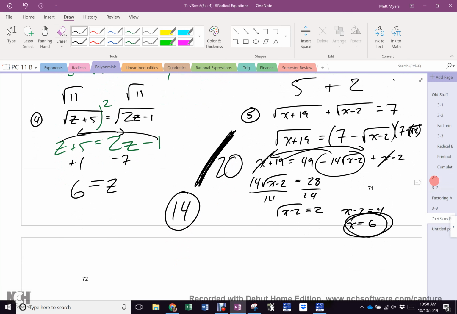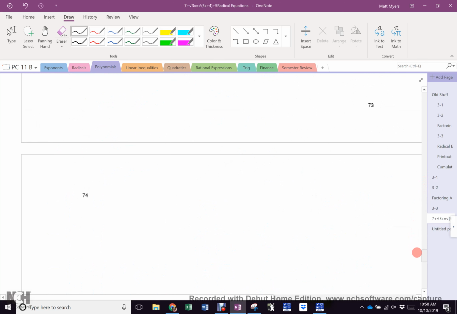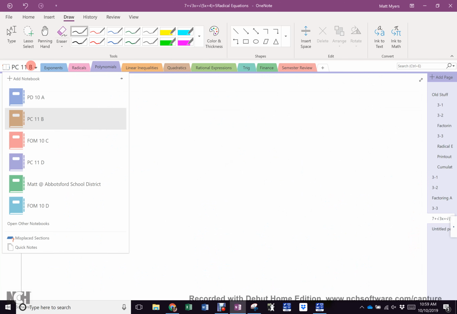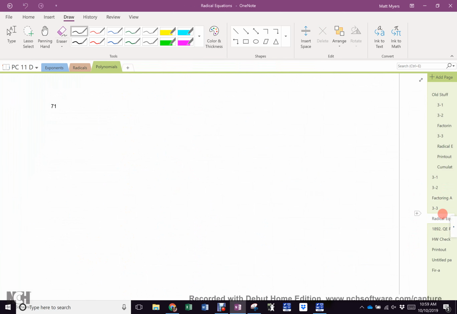So everybody got their mark? All right. Now on the next blank page, where'd they go? Oh, there they are. Start by factoring those two.